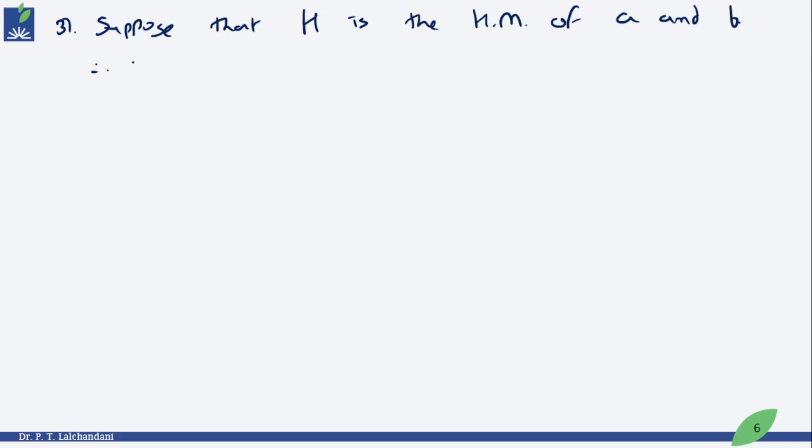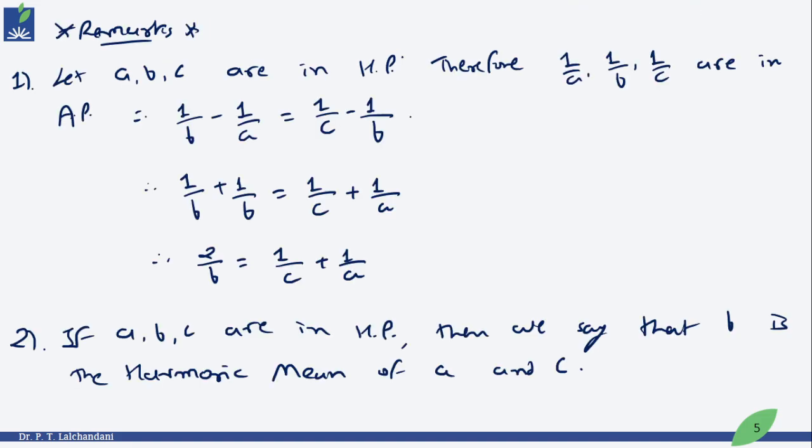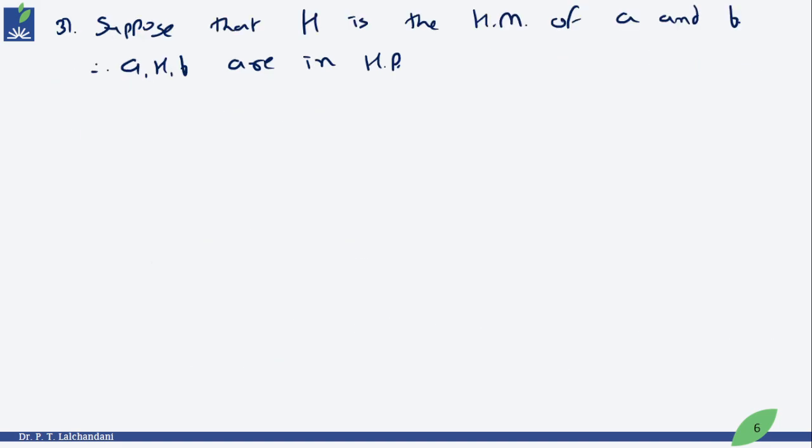Therefore, A, H, B are in harmonic progression. Just now we mentioned in the last remark that if A, B, C are in harmonic progression, then the middle term B is said to be harmonic mean of A and C. So here H is the harmonic mean of A and B. It simply means that A, H, B are in harmonic progression, right?